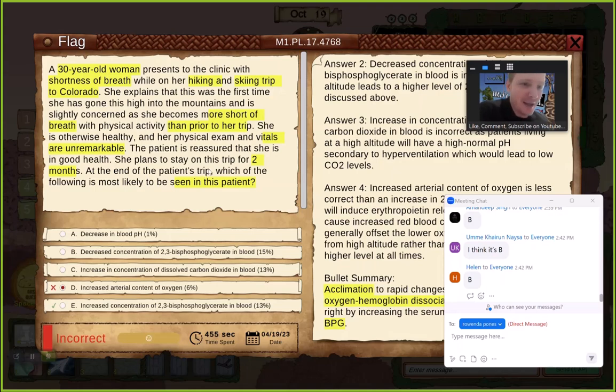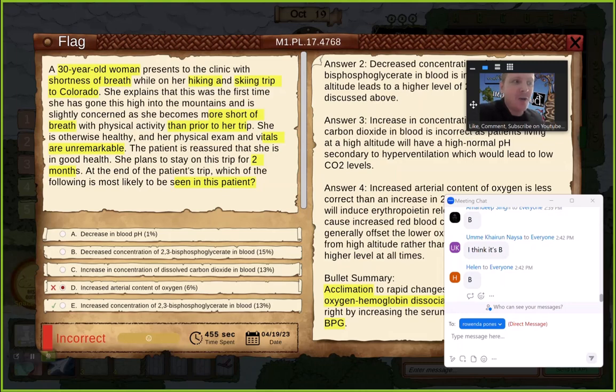But I will say this: one of the ways to prevent that problem is to say to yourself, why would they write this question? What are they getting at? What is the testing objective? And usually they're going to test you on the basis of what happened to the person when they're at high altitude currently.